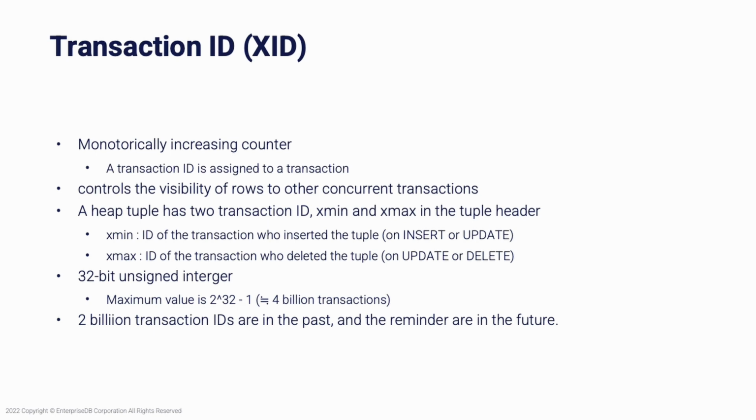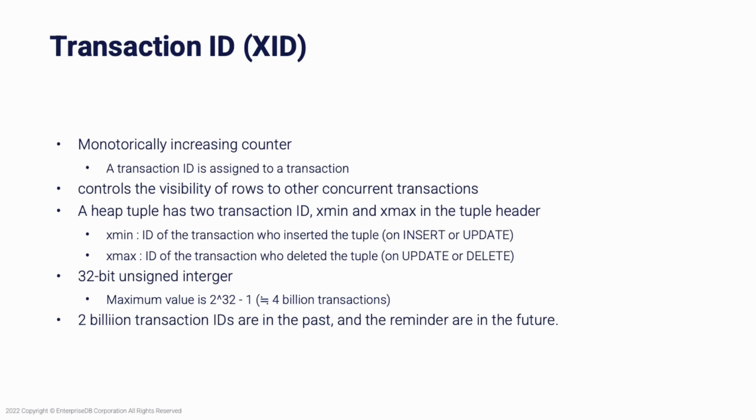A heap tuple has two XIDs, xmin and xmax, on the tuple header. Xmin is the ID of the transaction that inserted the tuple, so xmin is assigned on insert and update. And xmax is the ID of the transaction that deleted the tuple, so xmax is assigned on update or delete.